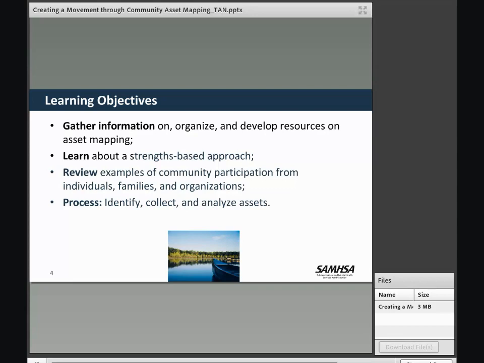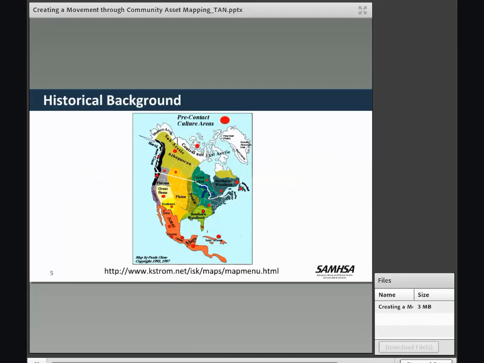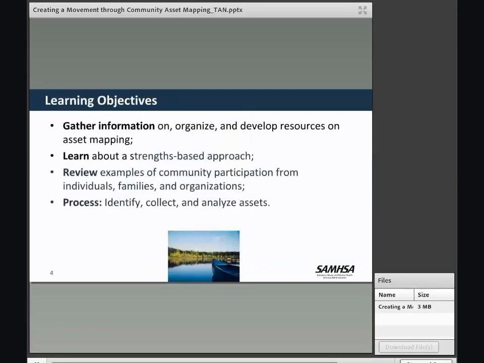Community asset mapping is really an activity that local community organizers first conduct when they are starting to focus their advocacy around a specific issue in their community.